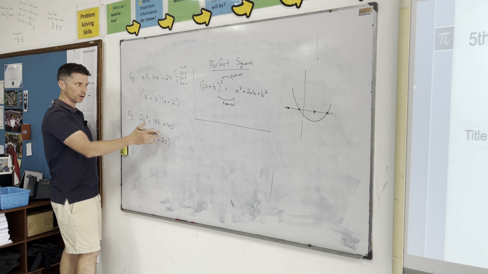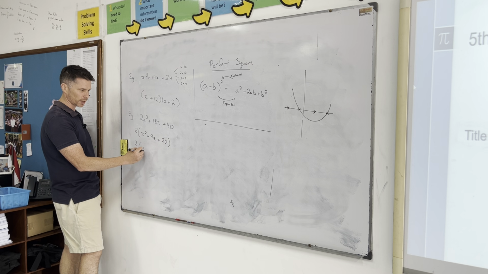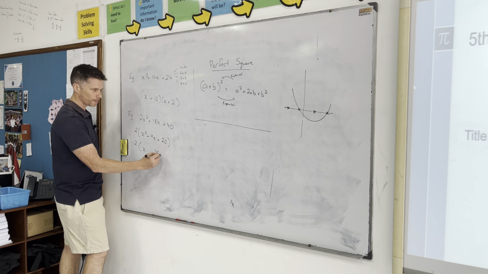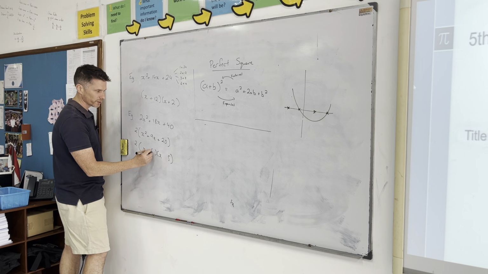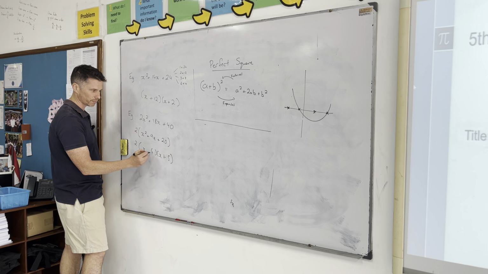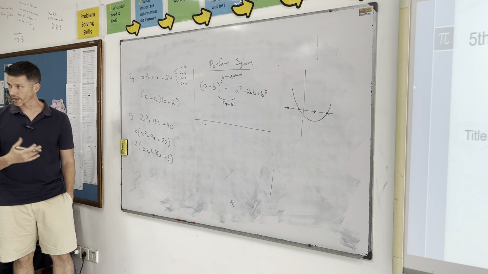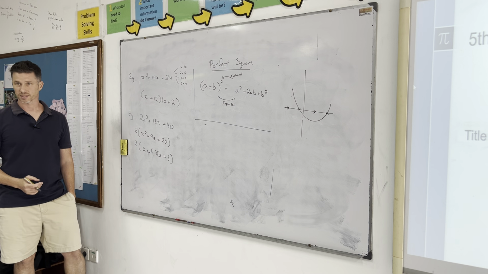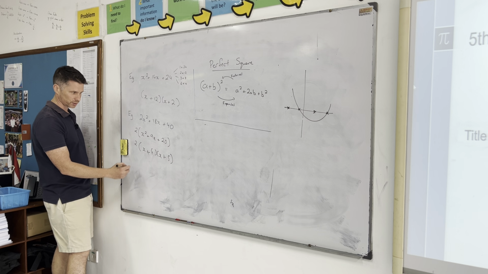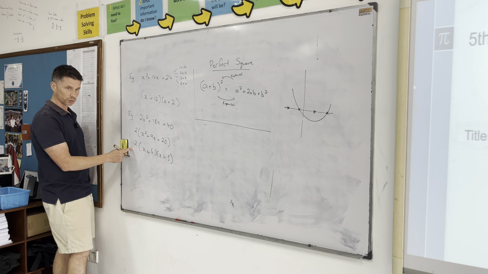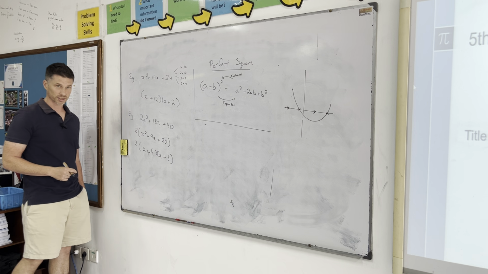If I can, always take out a common factor. Do I get the same answer? Yes. x and x make the x squared. 5 times 4 make that, and I end up with the same answers. Minus 4 and minus 5. It's the same answer, because x plus 4 is the same as 2x plus 8 when the 2 is out here.